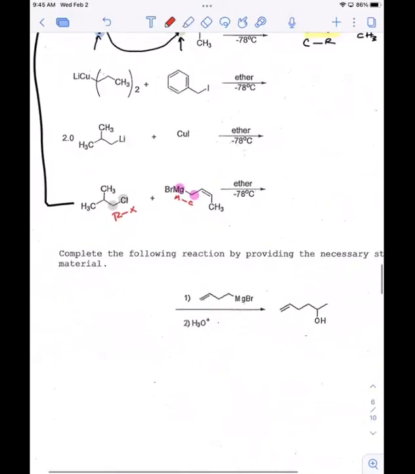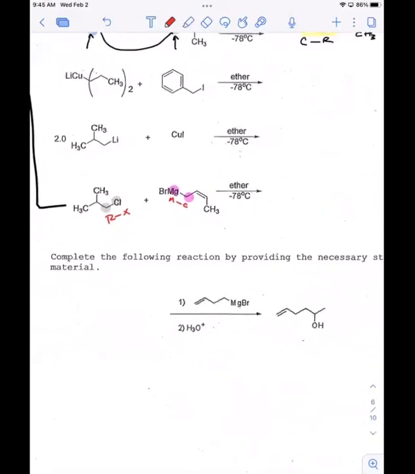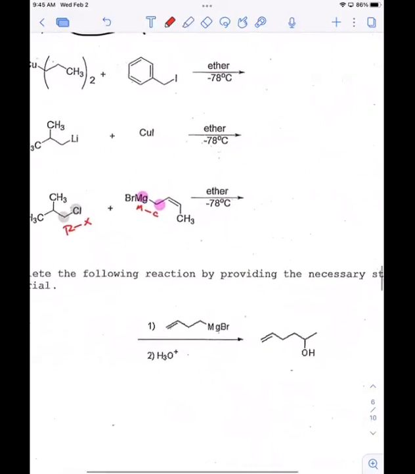So in the product, what is that product going to look like? Anybody want to try to draw that in? I can try. Go ahead.